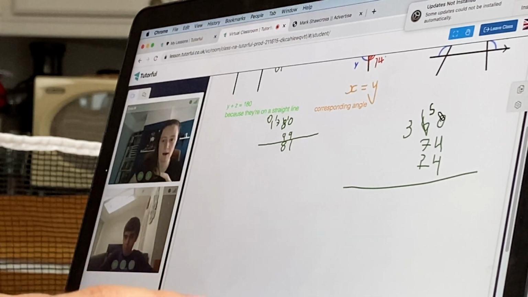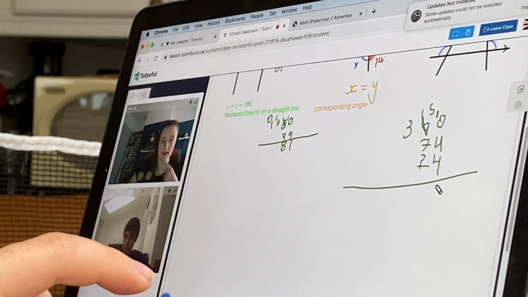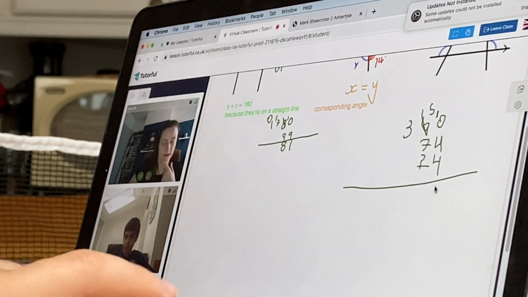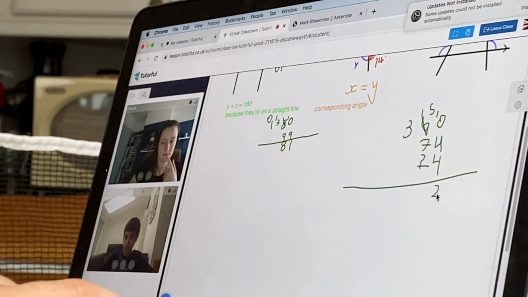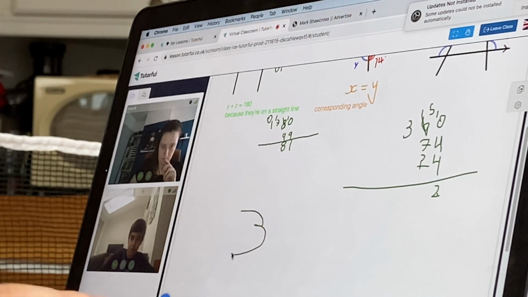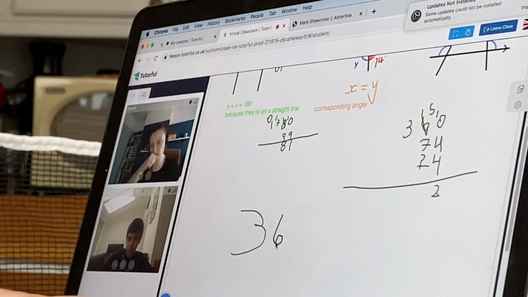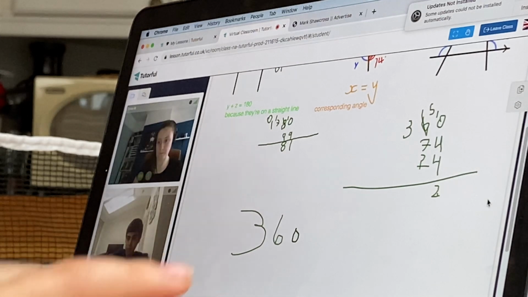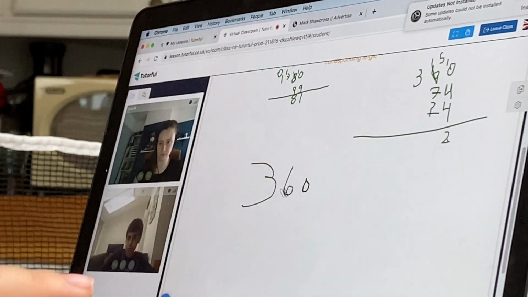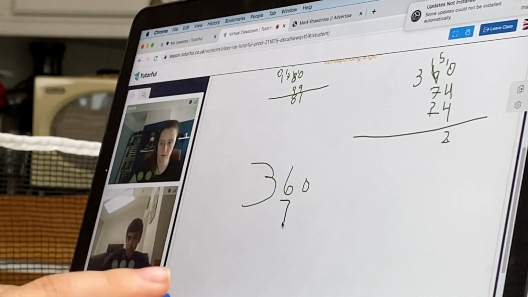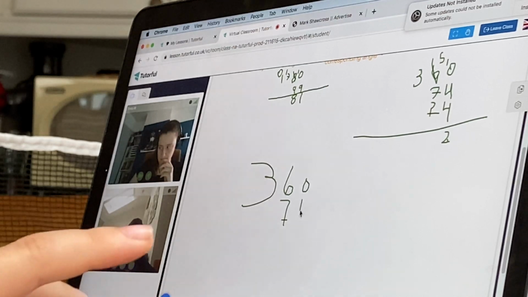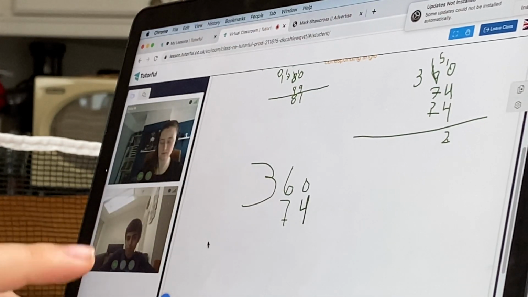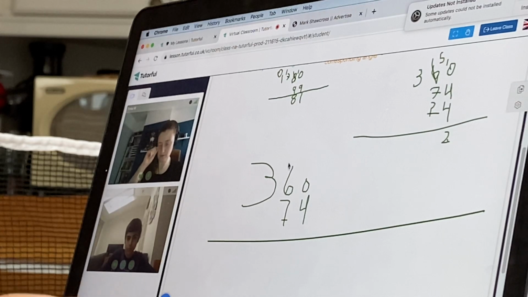That would give you x plus the opposite angle to x. No, wait, 360. Let me do it like this. Hold on.